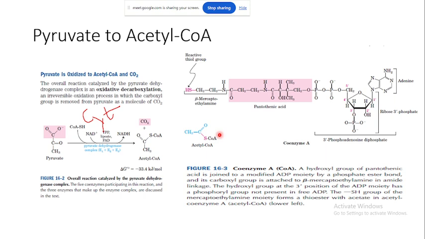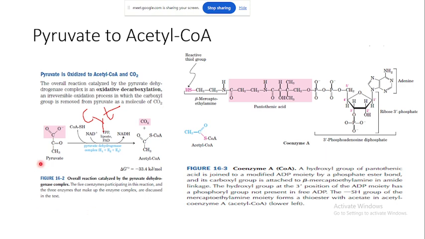So in the cytosol, this pyruvate will be converted into acetyl CoA, and this reaction is followed by a decarboxylation reaction, and this pyruvate molecule will be oxidized. So how? First, from CH3COCOO minus, the CO2 molecule will be removed, right? That's why it is a decarboxylation reaction.